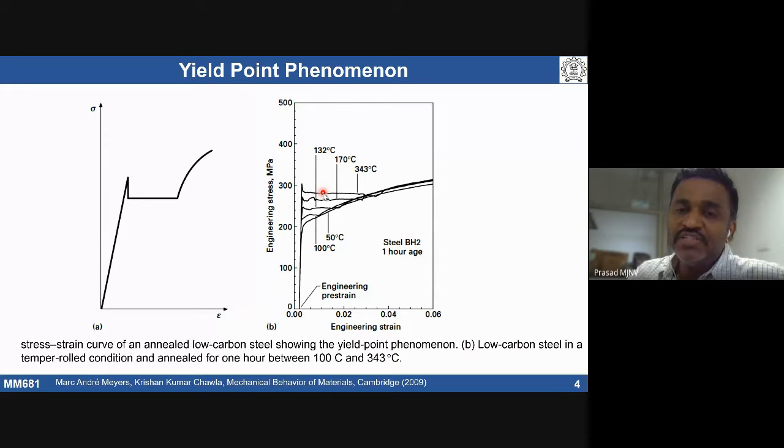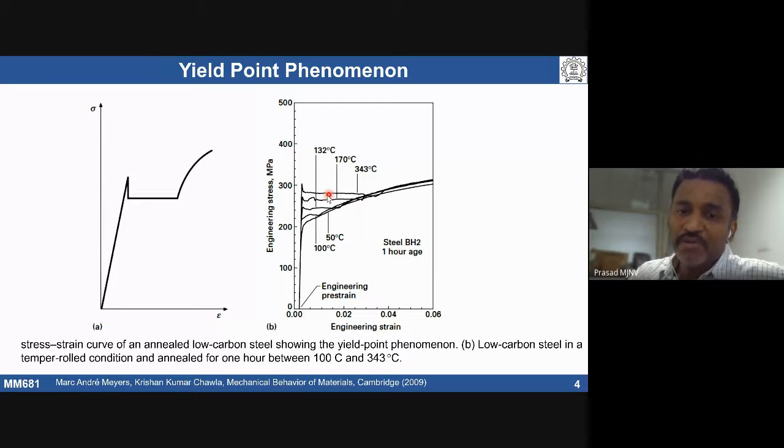That means we are subjecting it to some treatment, called an aging treatment. When you do aging treatment after temper rolling, that can lead to reappearance of yield point phenomenon.